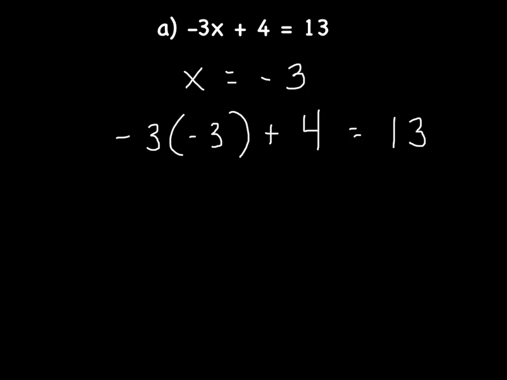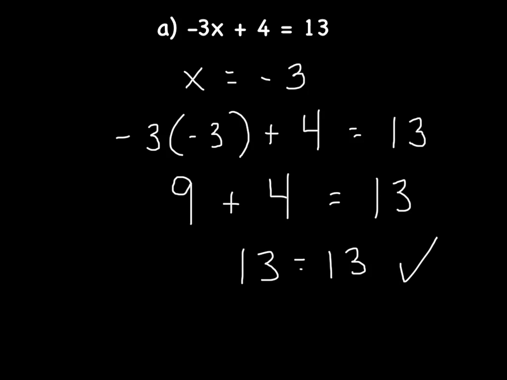Negative 3 times negative 3 is 9, plus 4 equals 13. 13 equals 13. We know that the solution of x equals negative 3 is correct.